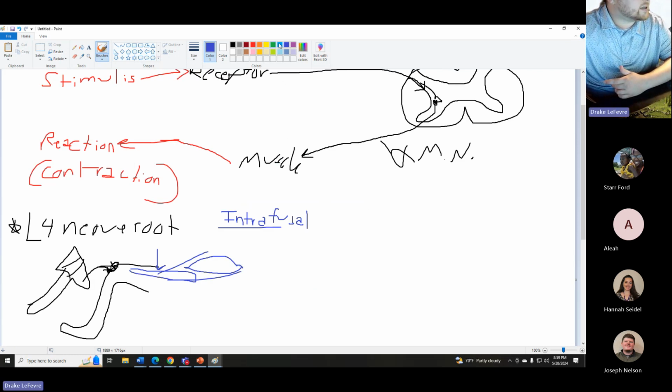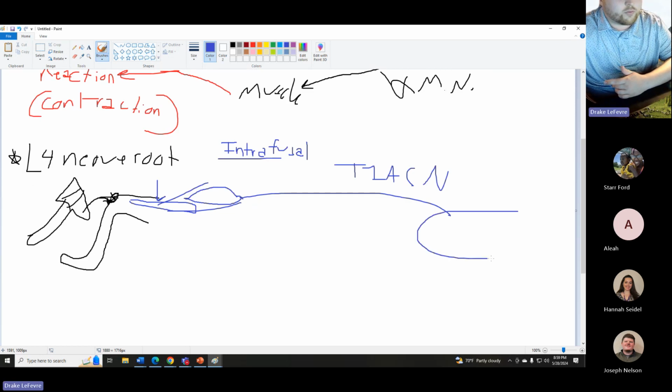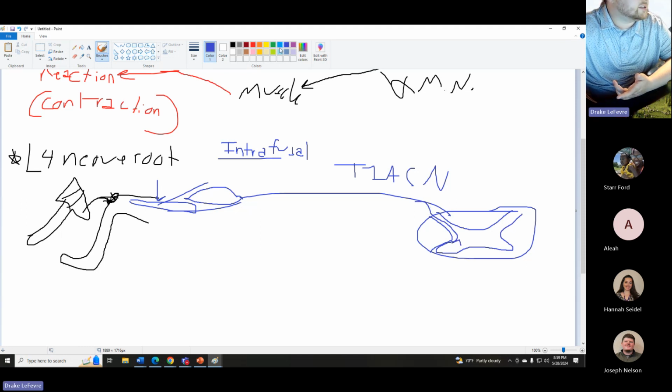And so what happens, we have our type 1A sensory neuron. I'm going to redraw this entire thing, basically. It goes into the dorsal horn of the spinal cord, and it synapses specifically with an alpha motor neuron.